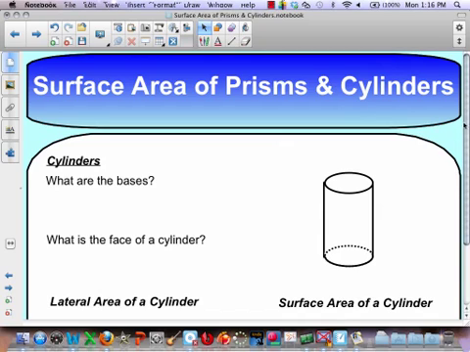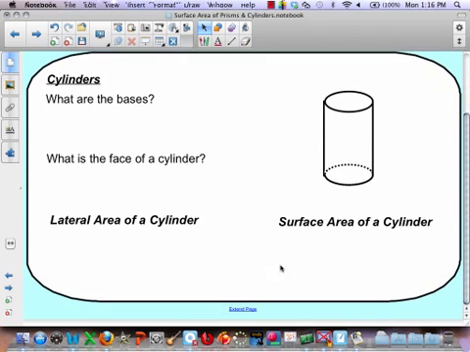How do you find the lateral area of a, or basically, what's the surface area of the cylinder? Who has that formula? Well, that's for a prism. But for a circle, what do we have for the formula? Cylinder, guys.